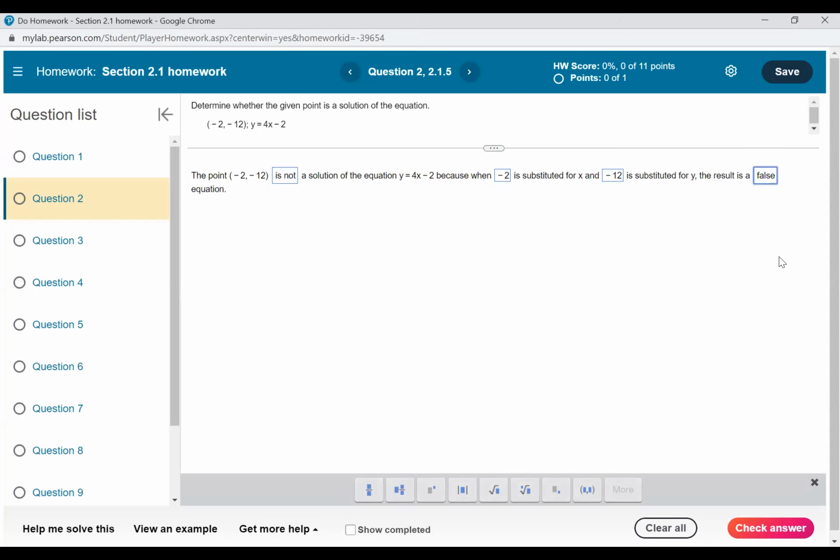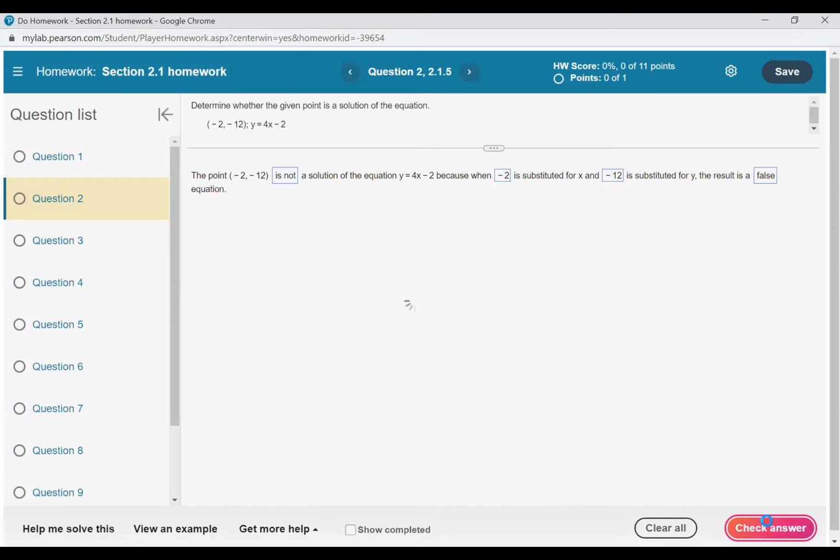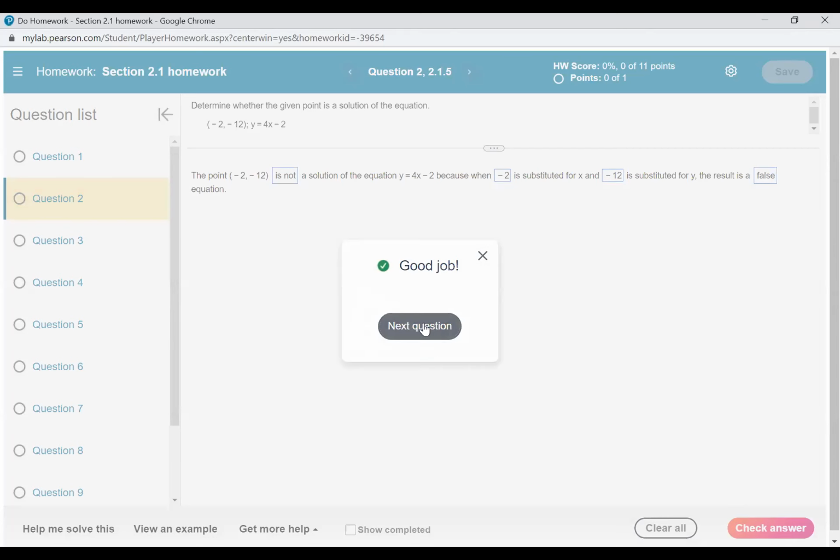So you just got to come in and put in the x value, the y value, and tell why it was not a solution. And that was because it was false on us, okay? So then it makes you check your answer and move to the next one.